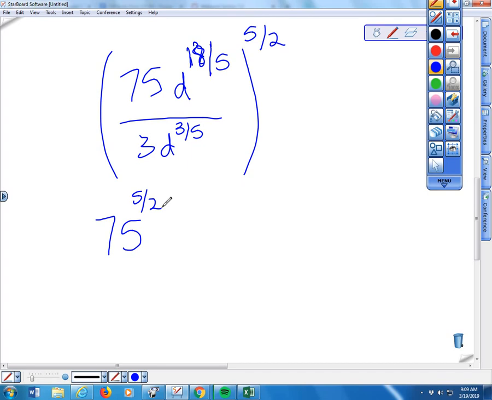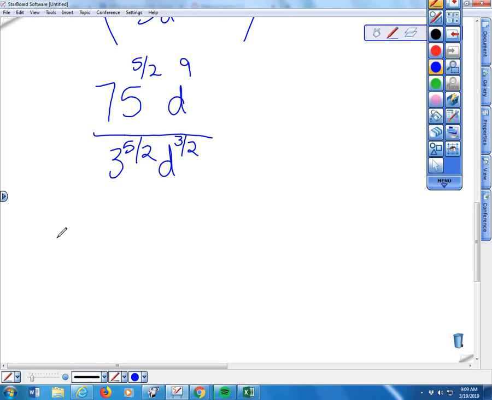The 5's cancel. 18 over 2 is 9, so it's d to the 9th. Then 3 to the 5/2, and then I have d to the 3/5 times 5/2, which is d to the 3/2.